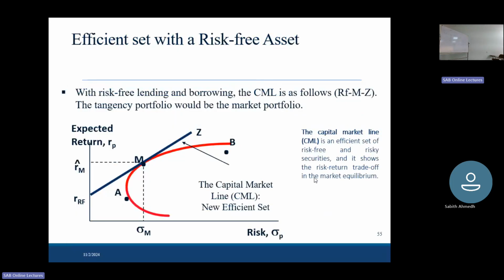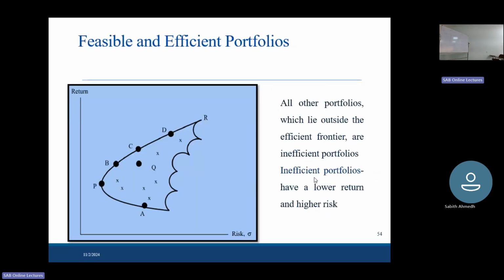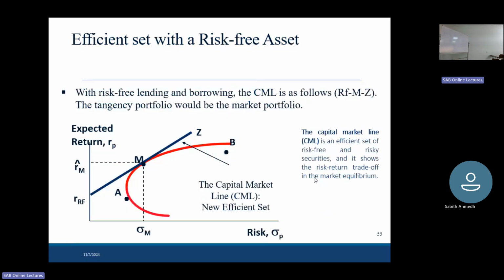If you introduce risk-free investment to this efficient frontier, your efficient frontier is going to align like this. This is the efficient frontier, modified by introducing the risk-free investment to this Markowitz efficient frontier. Then your efficient set of portfolios is going from Rf through M to Z.